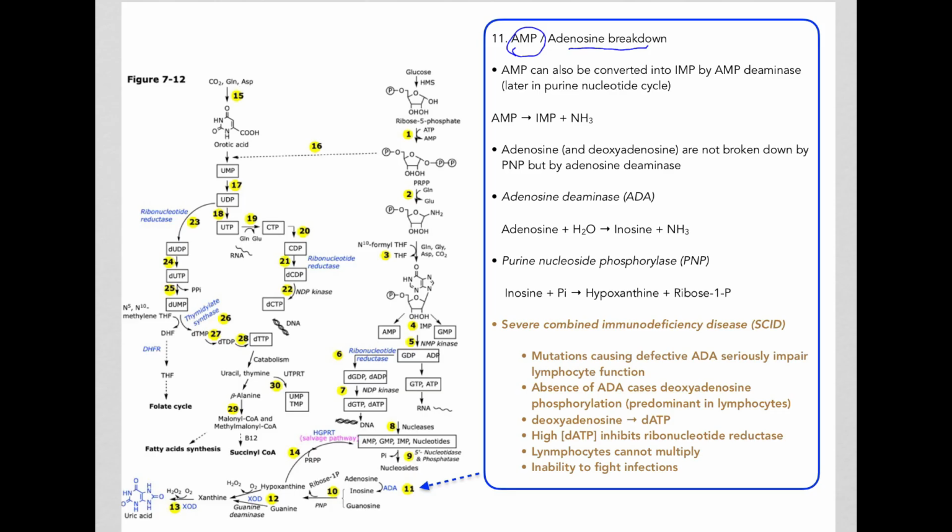There is an enzyme called AMP deaminase that can make AMP into IMP, releasing ammonia. Later we'll see this is another enzyme that is involved in the purine nucleotide cycle.